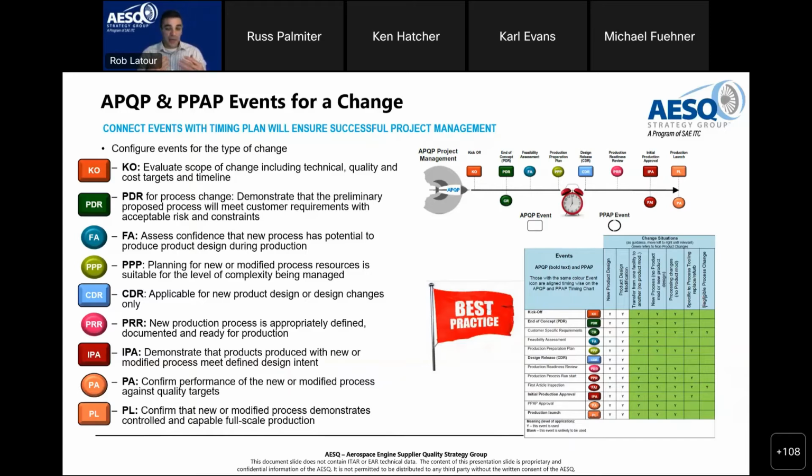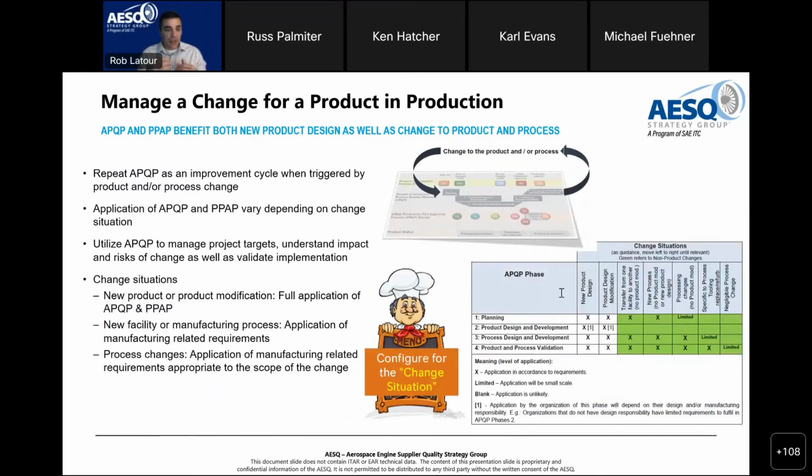Are we going to have potential for impacting other characteristics of the product? Do we need to take that into account as we're doing our planning, which will set us up to go into our production readiness?